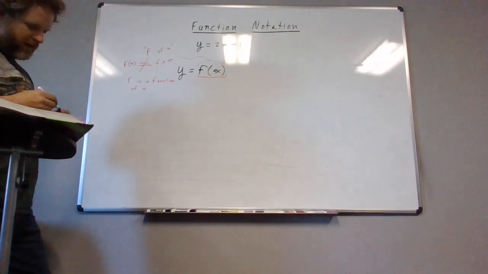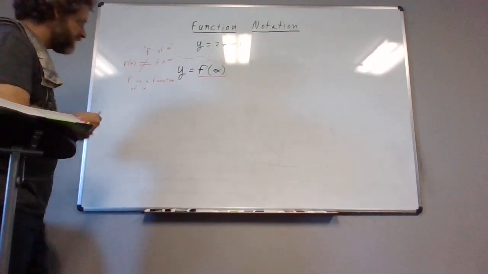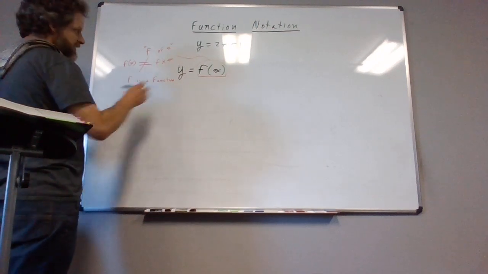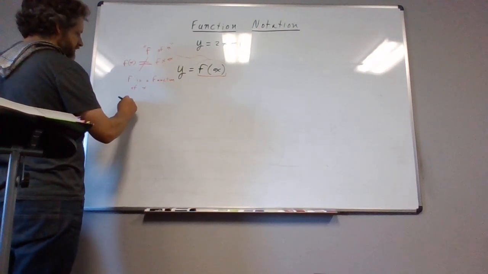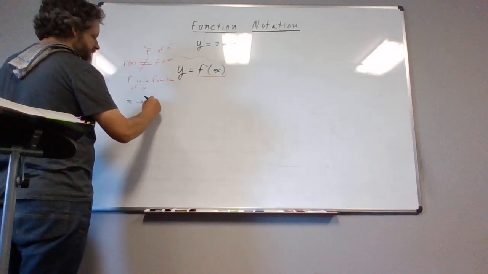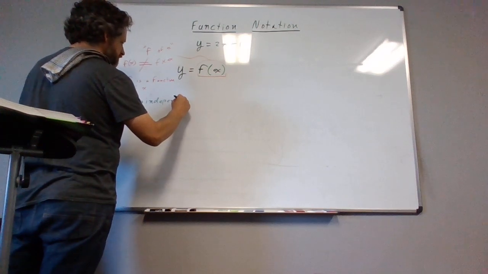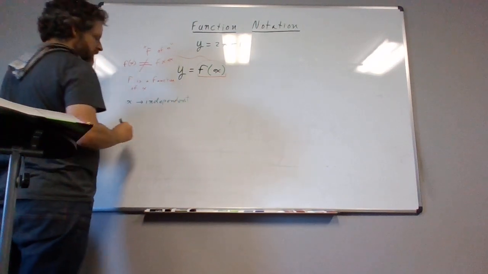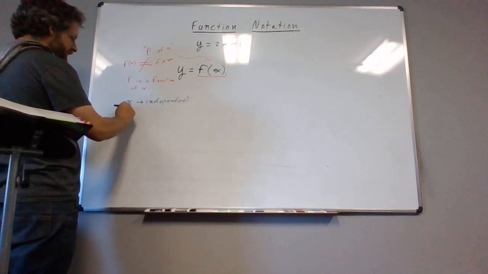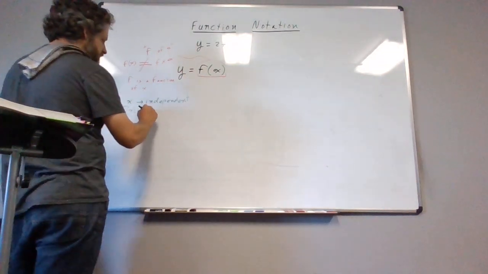Another thing to think about is that x in this context is the independent variable. f of x, that whole thing, is the dependent variable.